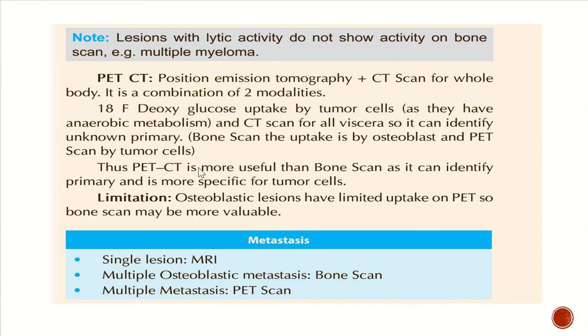But in PET-CT, the PET dye is taken up by tumor cells, so we can identify the primary source. The limitation is that osteoblastic lesions have limited uptake on PET, so bone scan may be more valuable. As the dye is taken up by osteoblasts in bone scan, bone scan is more valuable in osteoblastic lesions.